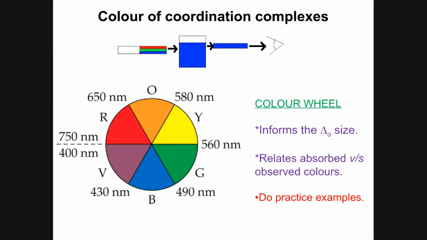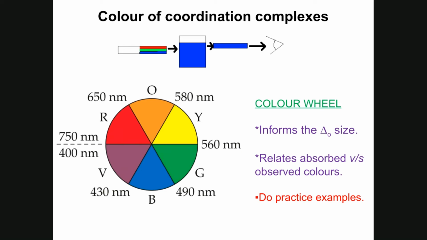When you see a green object, it means the thing you're seeing has absorbed red. If a solution absorbs an orange color, it will appear blue. If it absorbs a yellow color, it appears violet. And then it's going to repeat.